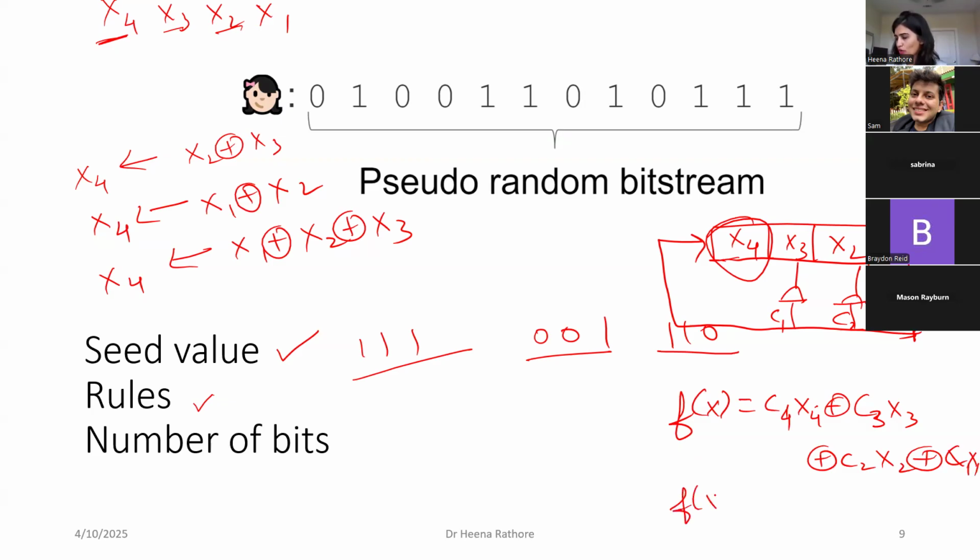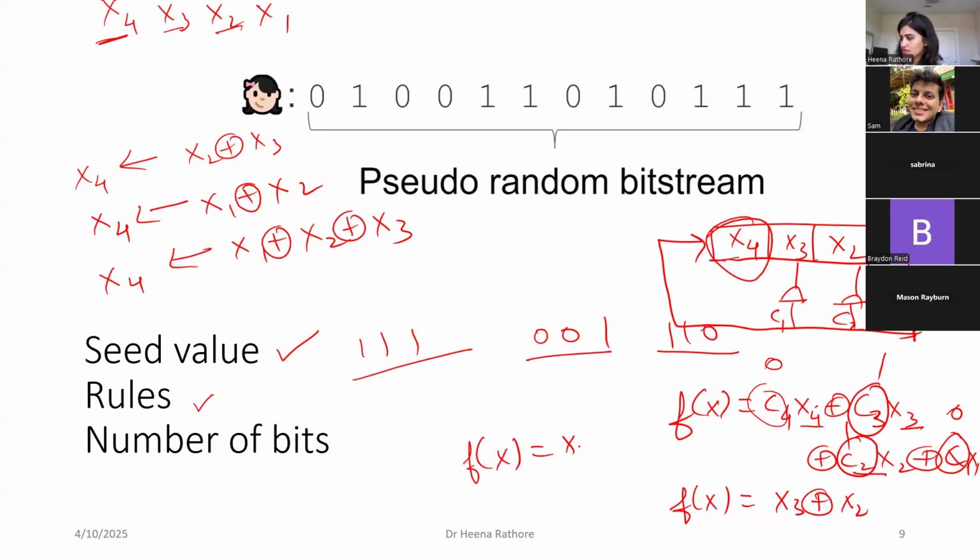So if I am giving you a polynomial function f(x) and I say it is x3 and x2, it means that the most significant bit is dependent on these x3 and x2 values. So you will put the coefficient values as 1 and 1, and the rest of these are 0, which means your final output is f(x), which is x3 XOR x2.